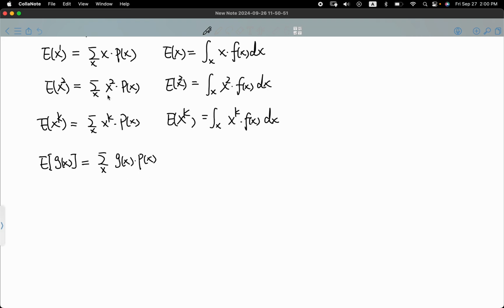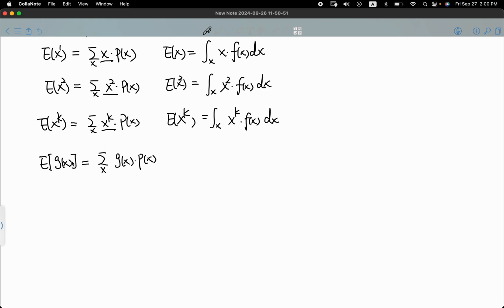So here you can consider x squared, x raised to the power of k, or even x itself, as a function of x. So g of x is equal to x, or g of x is equal to x squared, or g of x is equal to x to the k. These are all specific cases of this formulation.